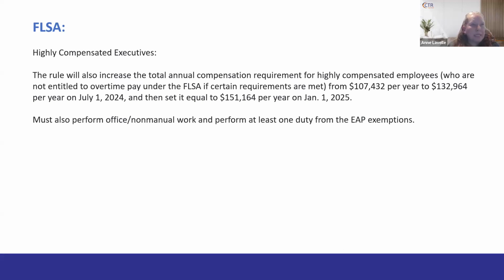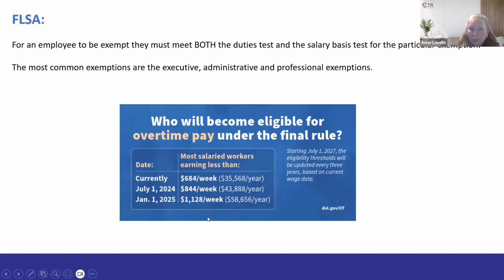Okay, somebody else is asking, what about HR manager, fiscal manager, fiscal analyst, clinical director? So a lot of those depend, they all depend, I should say, on how much discretion and judgment the person has. All of them right now, to be exempt, have to earn the 684. If they're going to remain exempt, going back to our little cheat sheet back here, they would have to reach the new salary thresholds come July and come January.